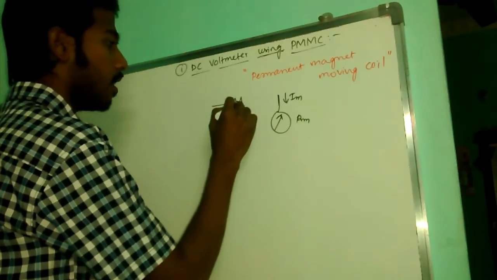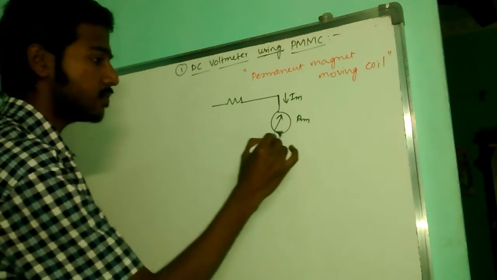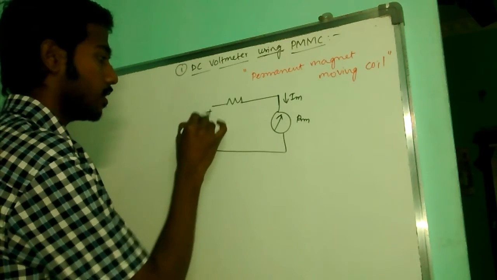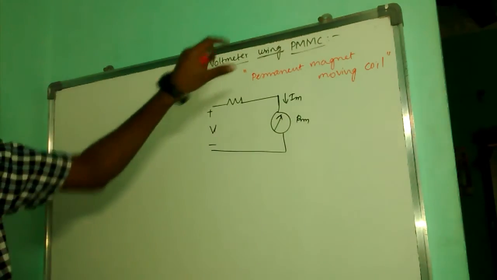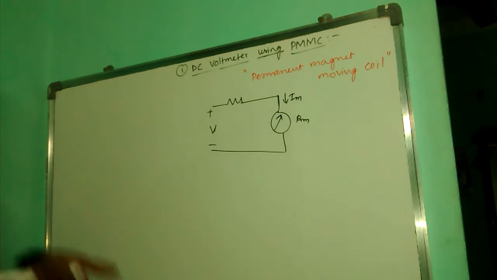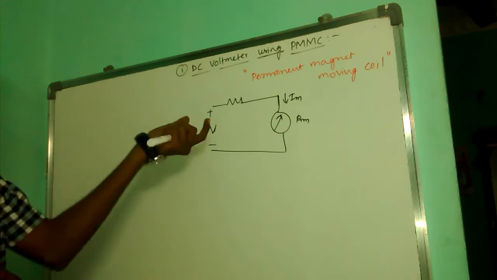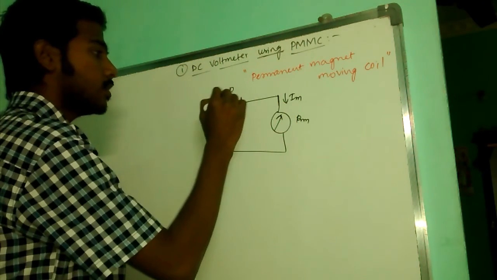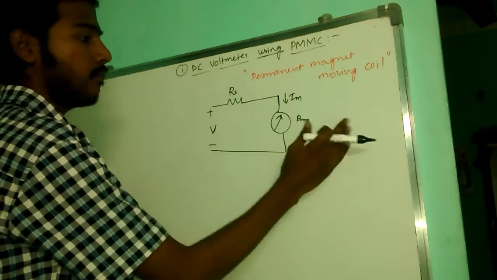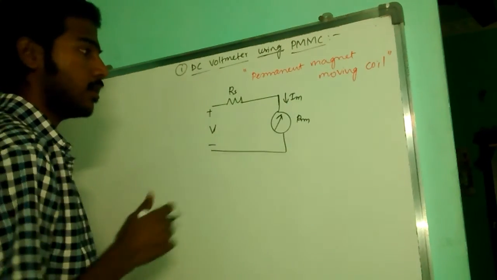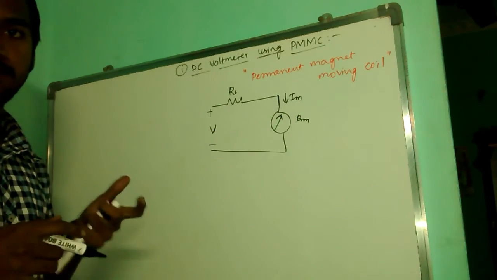Whenever I add a multiplier resistance in series with this, I am using it as a voltmeter, so I need to calculate the voltage. This is Rs. It is in series with the given PMMC meter. Why do I need to add it in series for a voltmeter?